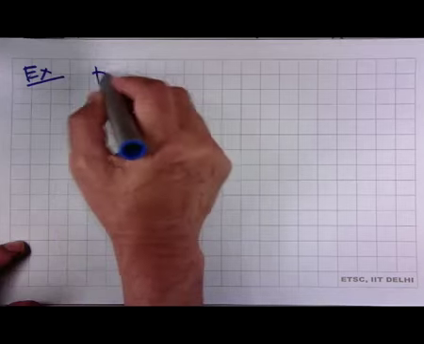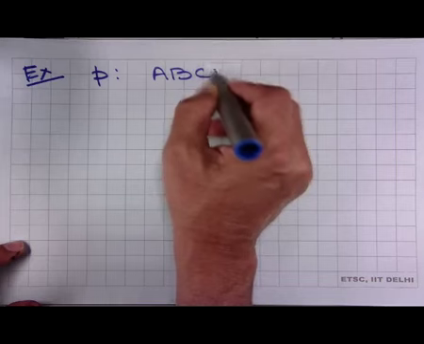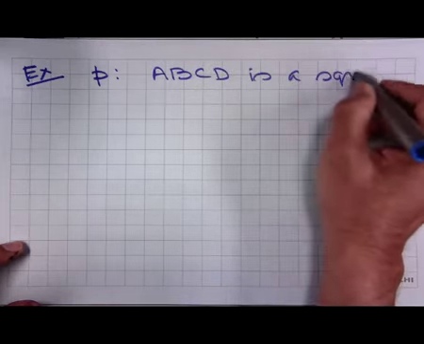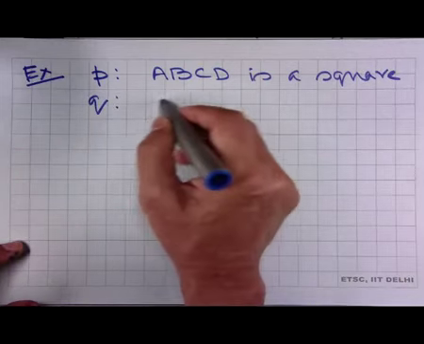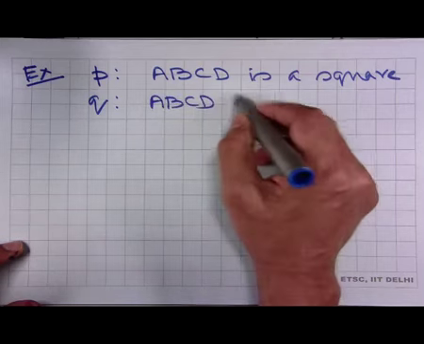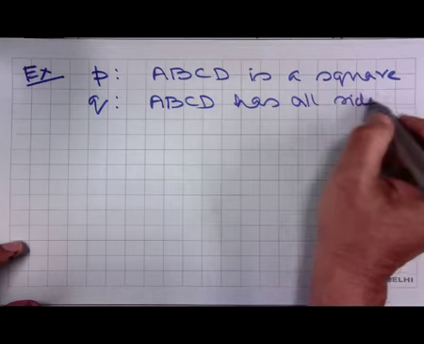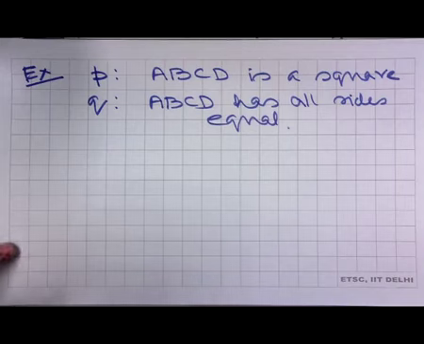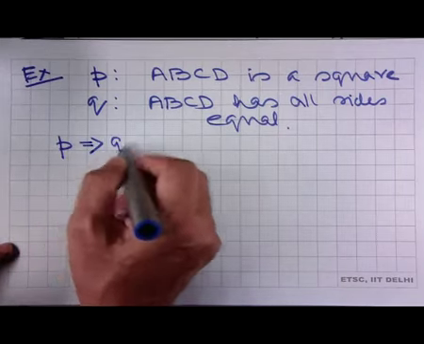Suppose P is the statement ABCD is a square. Q is the statement ABCD has all sides equal. We know that P implies Q.